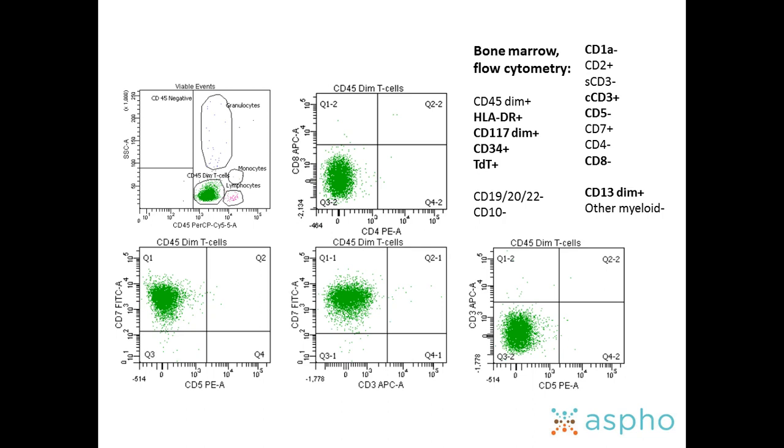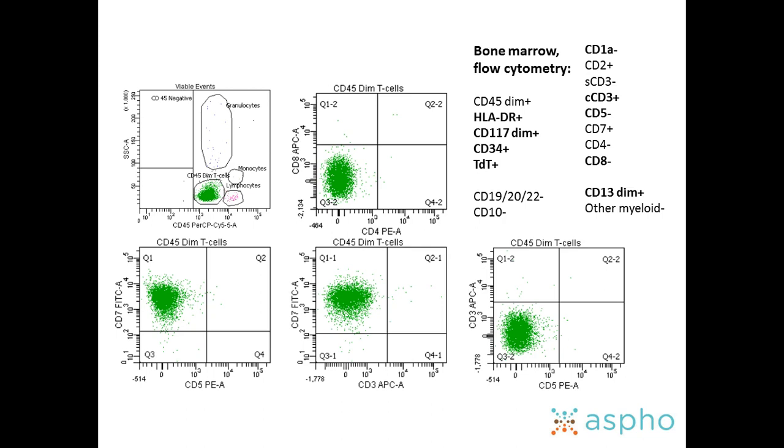So we have sort of mixed messages here. This is a lymphoid TDT-expressing tumor with a CD117, which is a myeloid marker. But it does also express other T-cell markers, including CD7, but doesn't express other T-cell markers such as CD5 or CD8. It also co-expresses a myeloid marker.